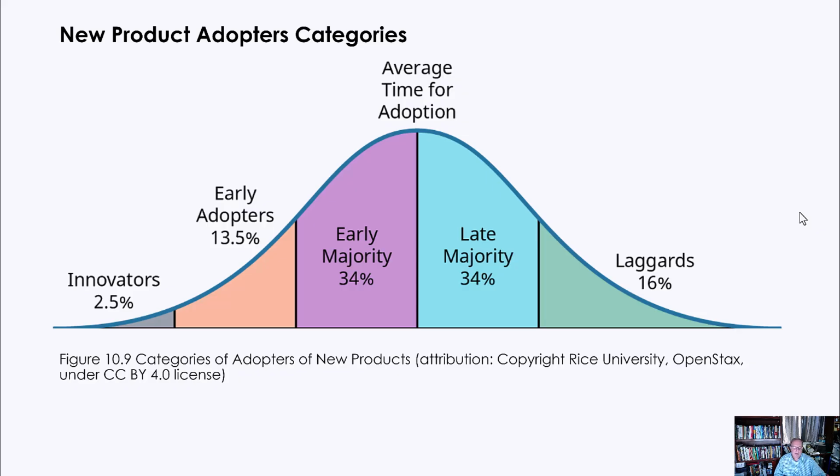So even in that next stage of launching, we're only going to be able to convince 13.5% of our customers to buy. Well, our competitors are watching, and they're going to see, do the customers really like your product, or is this going to fail? And by the time we get through the 2.5% and the 13.5%, our competition is watching.